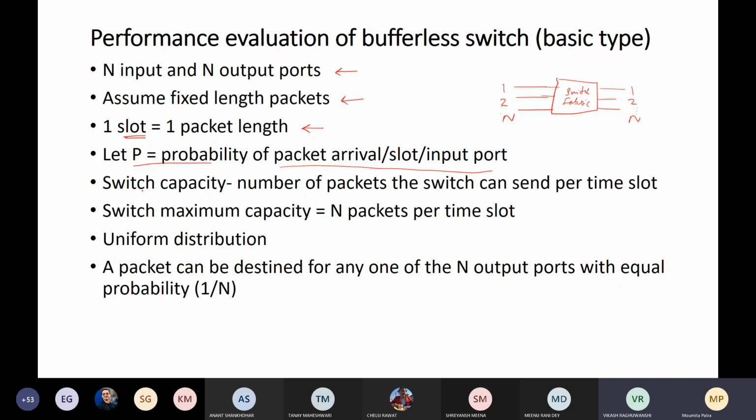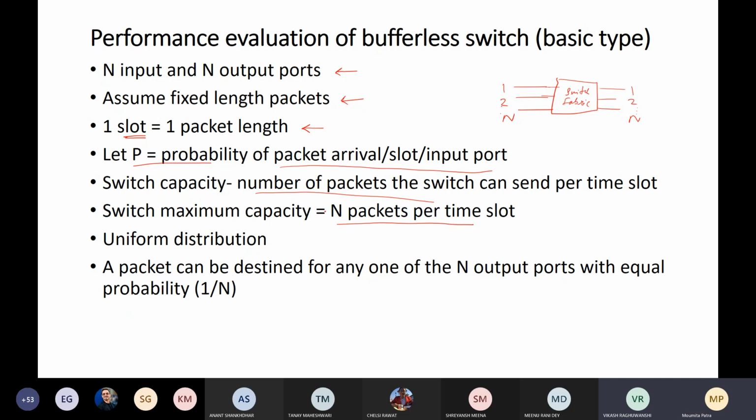Switch capacity, we know what switch capacity is. It is defined as the number of packets that the switch can send per time slot to the corresponding output ports. So how can you find out the maximum switch capacity?